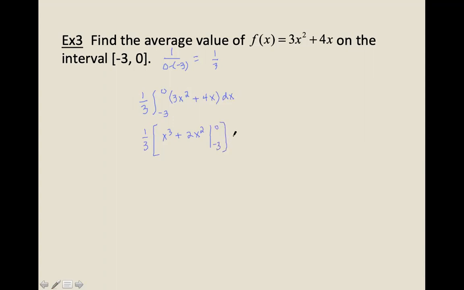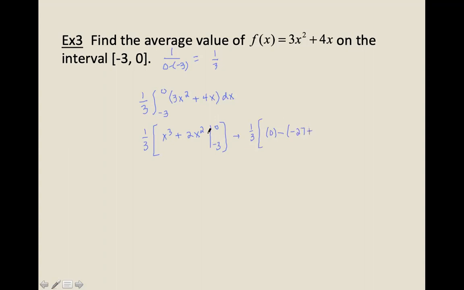All right, so I'm going to keep simplifying. I still have my 1/3. This time I'm plugging 0 in first. So 0 cubed plus 2 times 0 squared, that's going to be a 0. Minus, now I have to plug my -3 in. -3 cubed is -27.